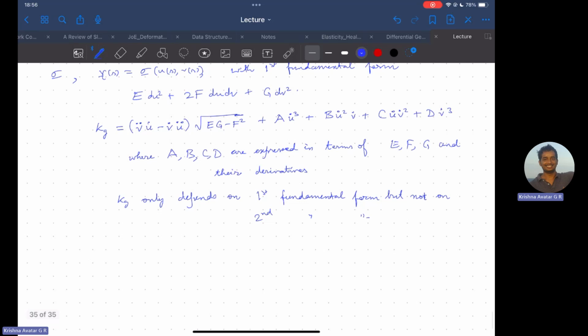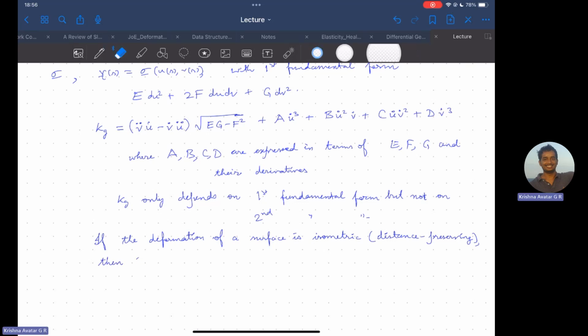So which means that if the deformation of a surface is isometric, which means that distance preserving, then kappa G does not change.